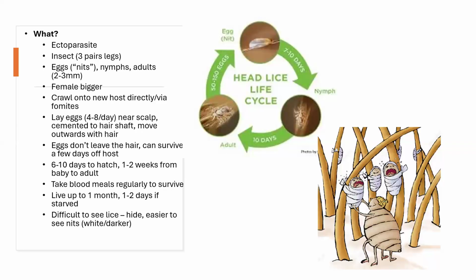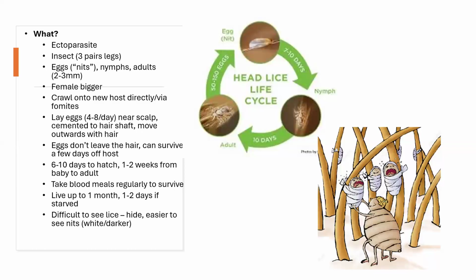The eggs don't leave the hair. If an egg on a hair happens to fall on the ground, it can survive a few days off the host. It takes about a week or so to hatch, and then 1 to 2 weeks to develop from the baby to the adult.